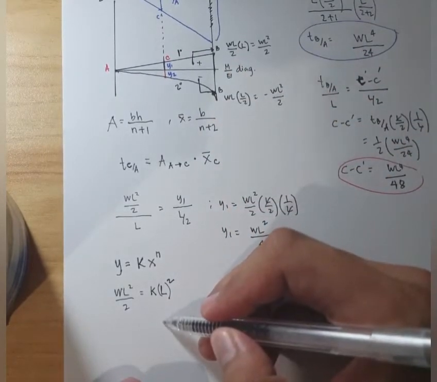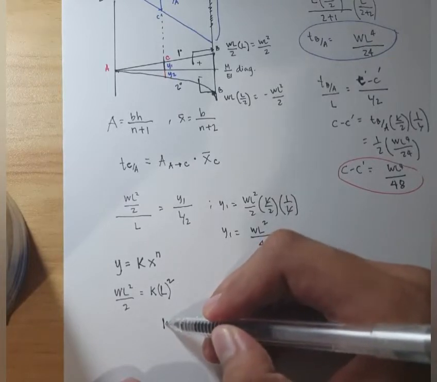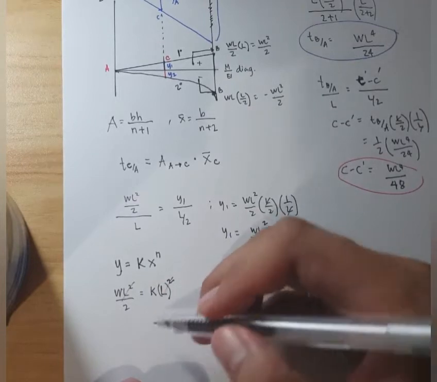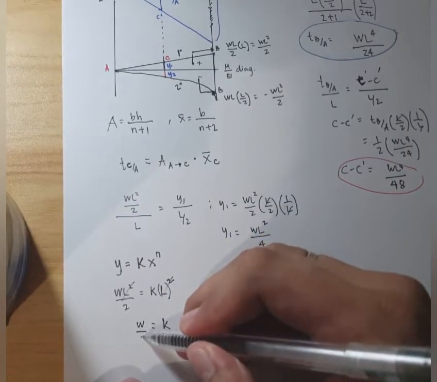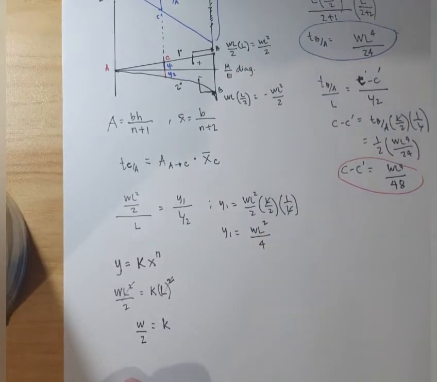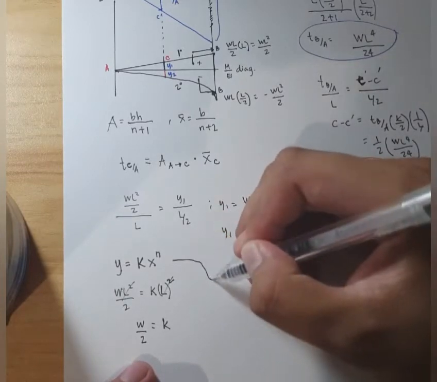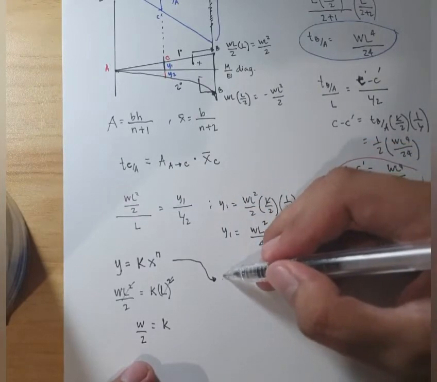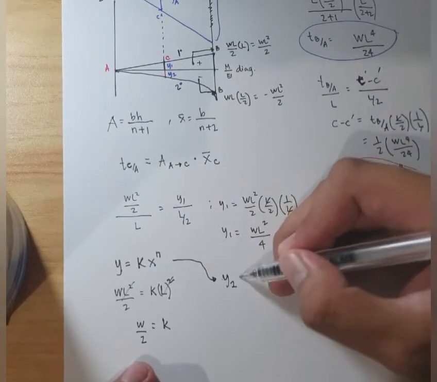So k, canceling, is equal to W over 2. Okay, we got k, go back to this. But for this one, your y sub 2 is the unknown.